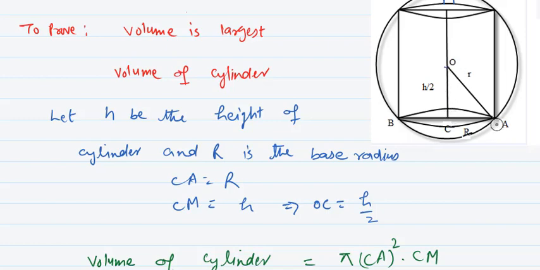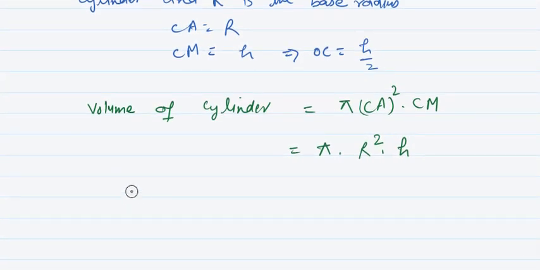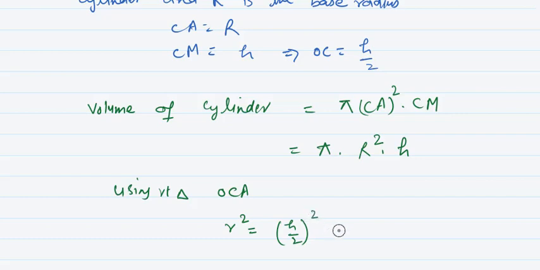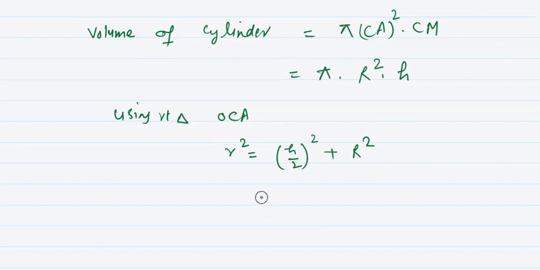So by using the Pythagoras theorem, you can have r square is equal to OC square plus CA square. So using right triangle OCA, we have r square is equal to H by 2 whole square plus capital R square. I have put the values of the two sides. So we are getting H square upon 4 plus R square.